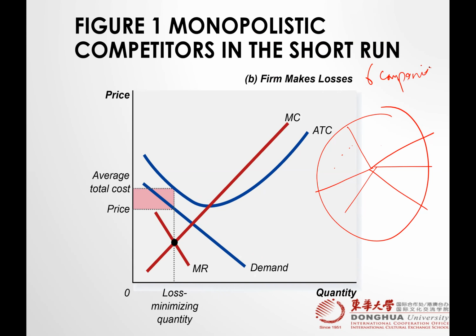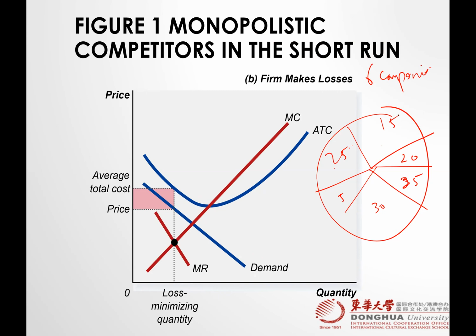And they have different market shares. For example, this is 20%, this is 25%, this is 5%, this is 30%, this is 25%, and this is 15%, for example, total 100%.